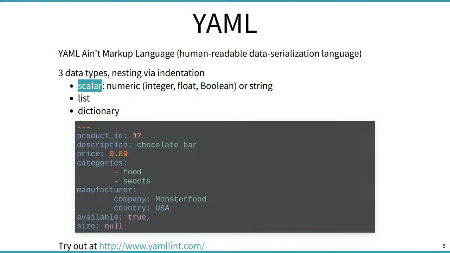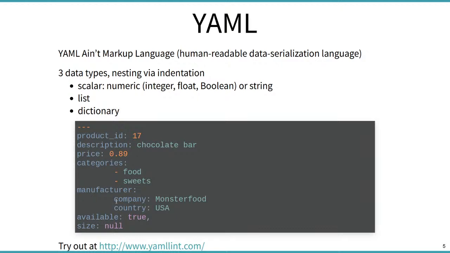Scalars, so that's simply an atomic value, one number or one string or one boolean or a null. The second data type is list. Where do we have lists? Here. And dictionaries. And indentation is very important in YAML.